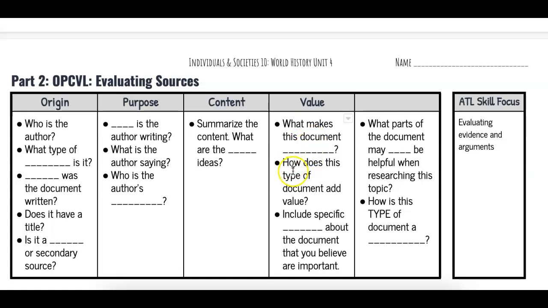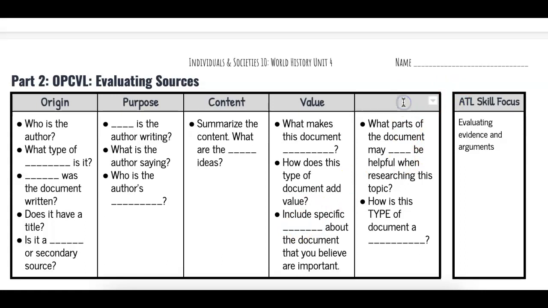Second, how does this type of document add value? If it's a speech, how did the speech aspect of the source have meaning or value? If it's a diary, how does the diary add a new perspective to an event? And then finally, we would include any specific details about the document that you think might be important overall.